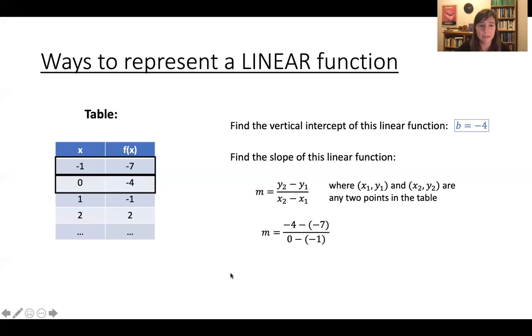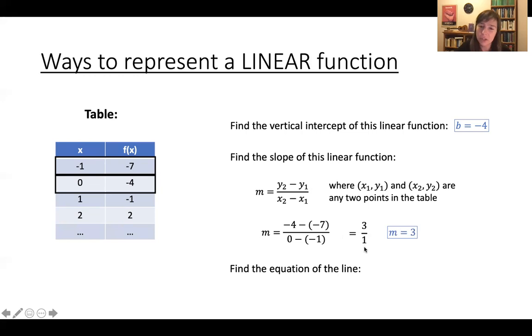So if we plug it in, y2 minus y1 is -4 minus -7. Oh, this is brutal. I'm pretty sure I made an error on these slides the first time I did it. So okay, -4 minus -7 is 3, and then x2 minus x1 is 0 minus -1, which is 1. So 3 over 1, which is just 3.